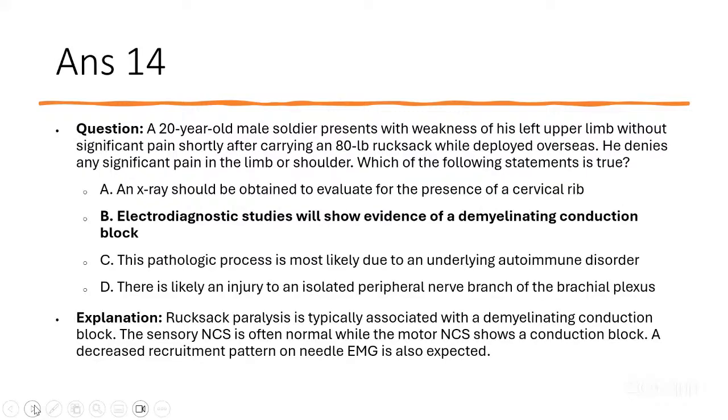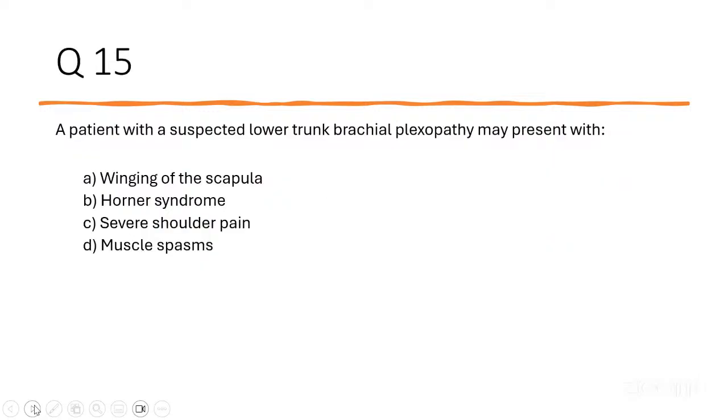Electrodiagnostics will show evidence of demyelinating conduction block. Rucksack paralysis is typically associated with a demyelinating conduction block. The sensory nerve conduction studies are often normal, while the motor nerve conduction shows a conduction block. A decreased recruitment pattern on needle EMG is also expected.